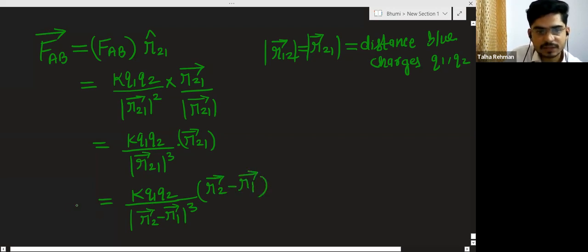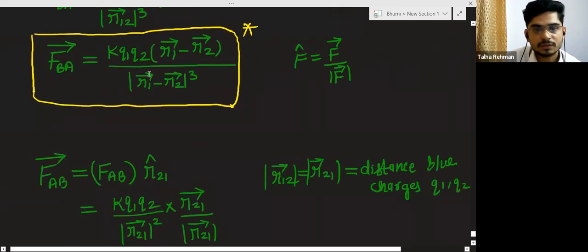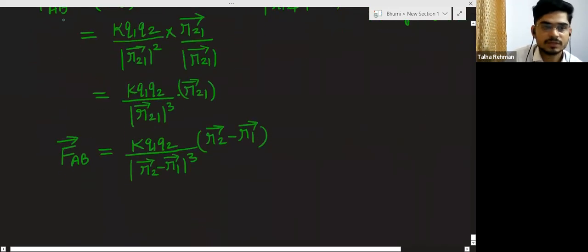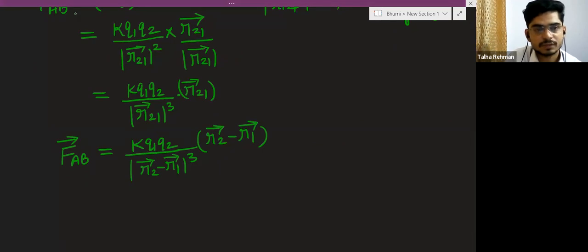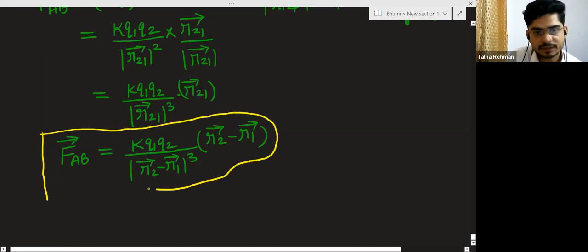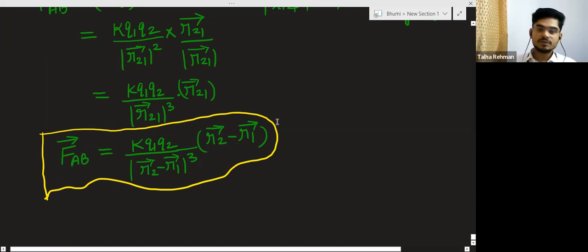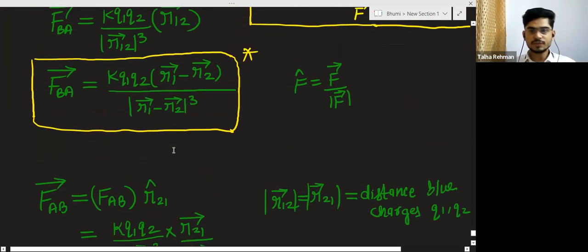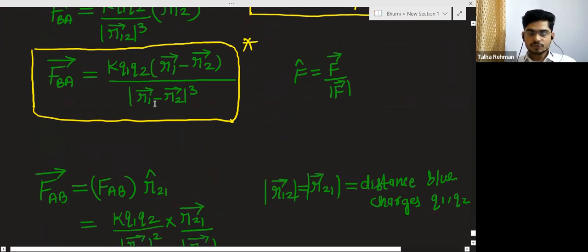We have discussed this, and this is the force FAB. Nothing has changed, but the vectors are changed. Here the formula is the same: k q1 q2.